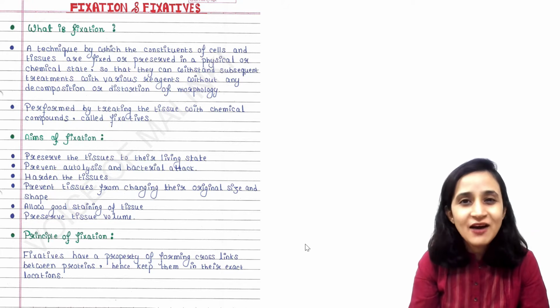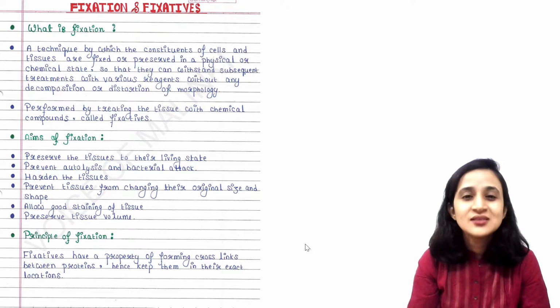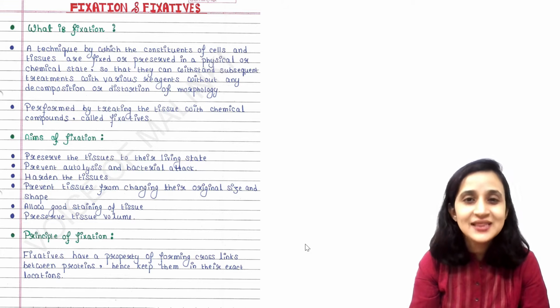You have a tissue from a diseased person or from a dead person. You need to check that something fishy has undergone in the cell, in the tissue of that particular person. So maybe the tissue is from a diseased person.